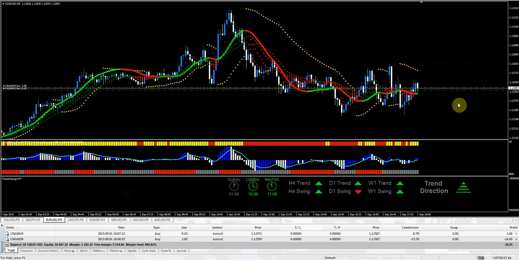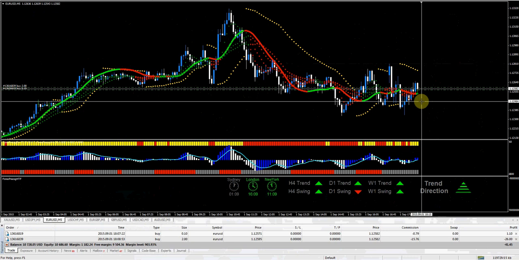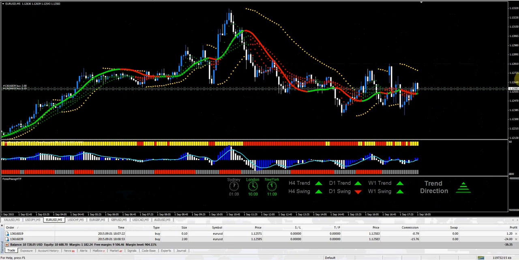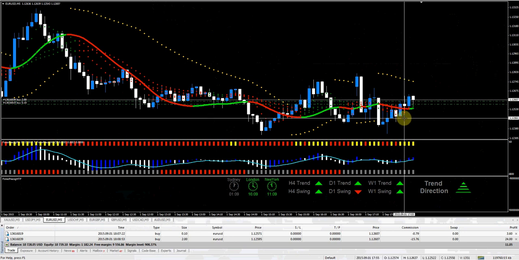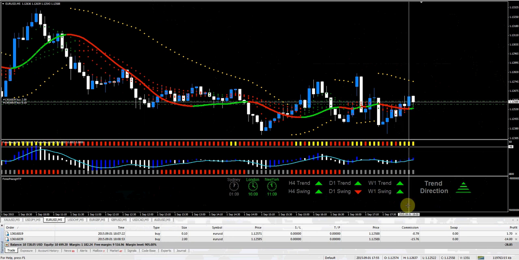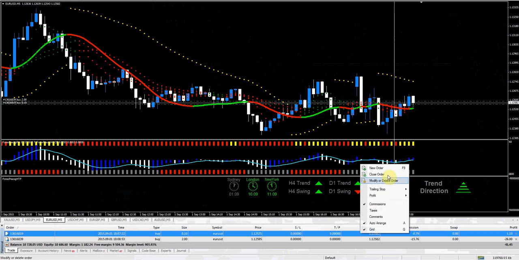Alright, we're now in the trade, and we are supposed to place our stops right beneath the ribbon. Let me see if I can open up the vertical scale a little bit. Guess not. Alright, so for this example, I'm going to place my stops at 1.1246. Let's go ahead and make that happen.